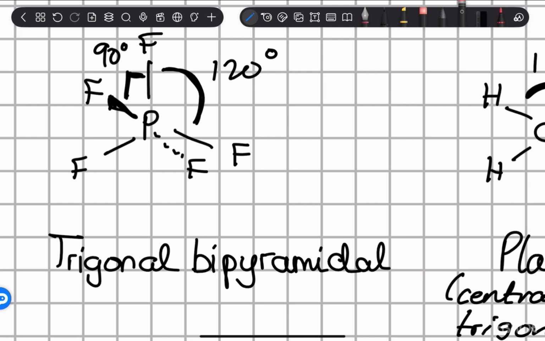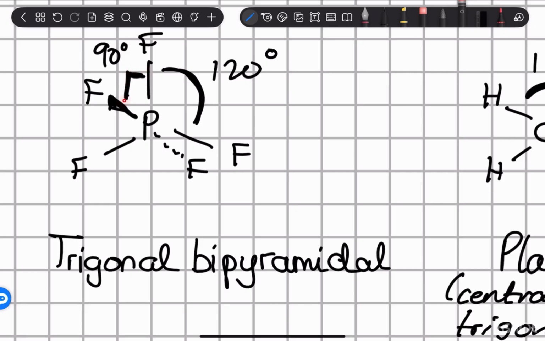Bipyramidal, the reason we call it bipyramidal is because if you remove any one of the, I would say, back and front fluorines, then this can act as a pyramid when you put it on a sort of piece of paper or any flat area. This would become a pyramid, and it would become a pyramid in both ways, front or back, which is why you call it bipyramidal.